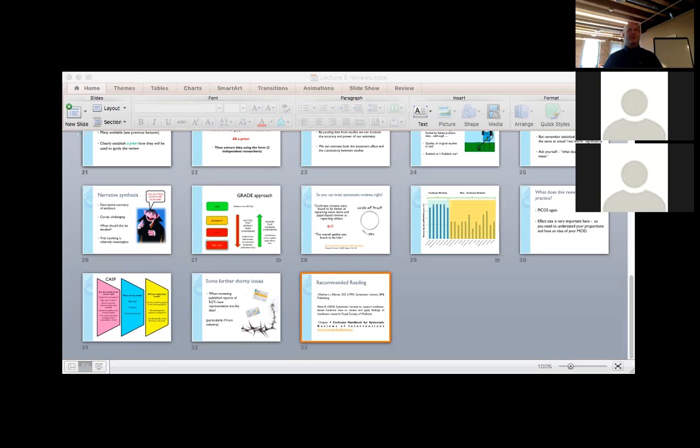Might not be screen sharing. Let me check. What do you see, Sandy? Yeah. Hold on. Sorry. So this is what we want to screen share. No, that should be it.